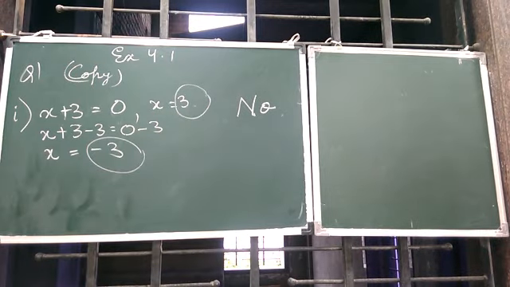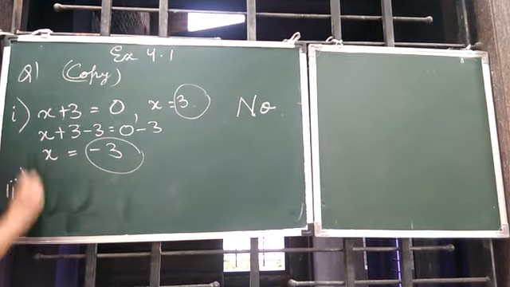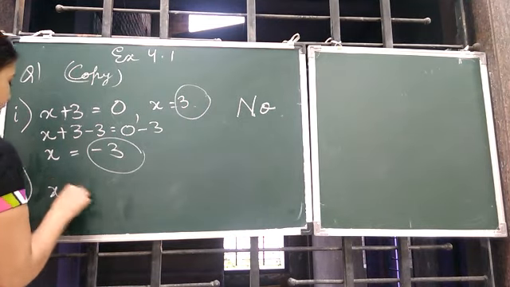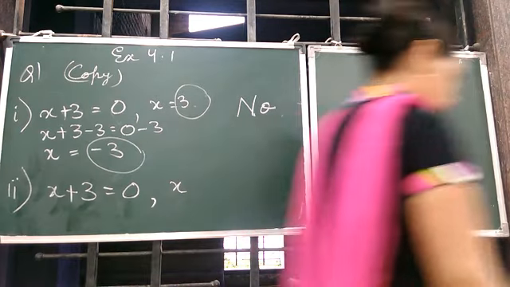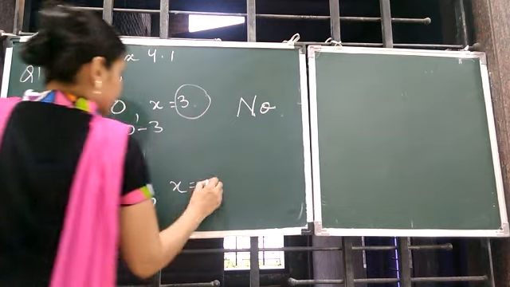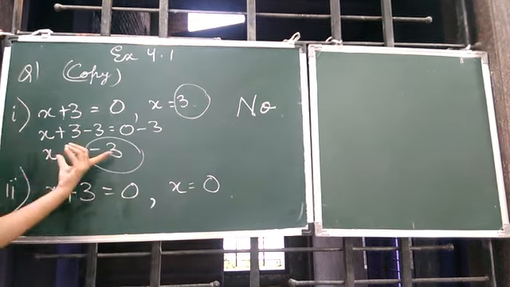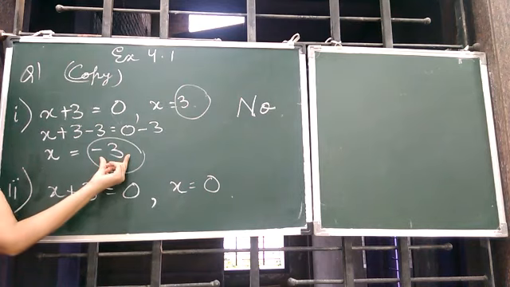Then second one, x plus 3 is equal to 0, where x is equal to 0. So if you see here, x plus 3, then the value of x you will get as minus 3.